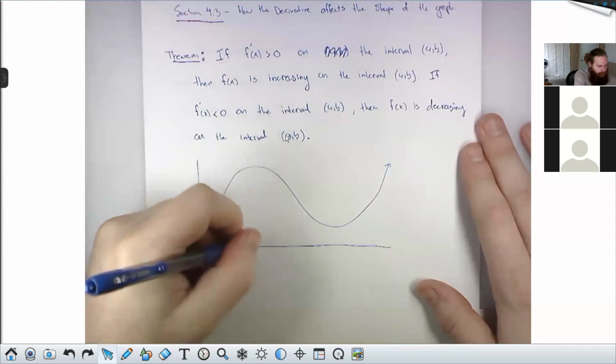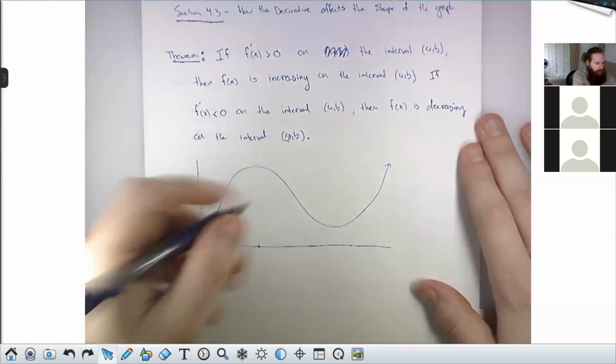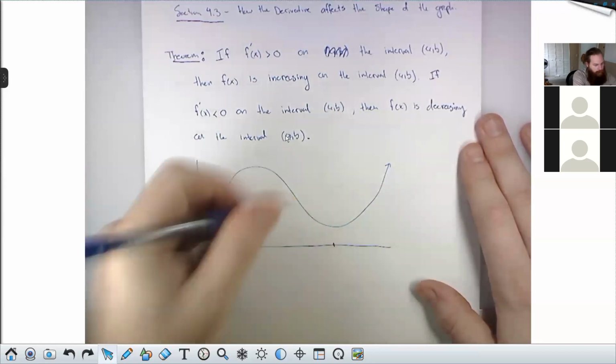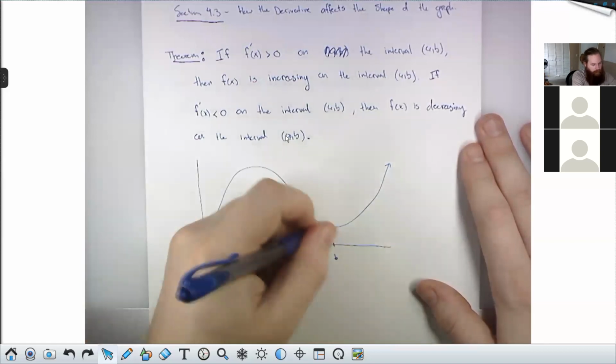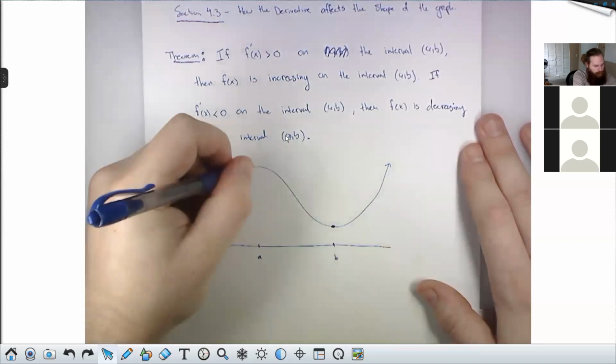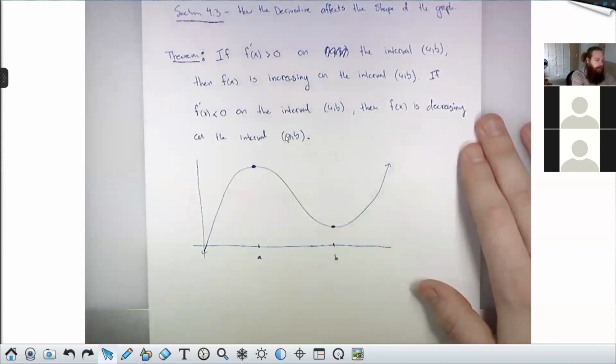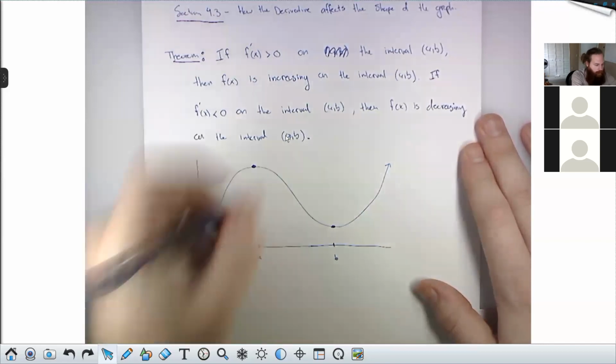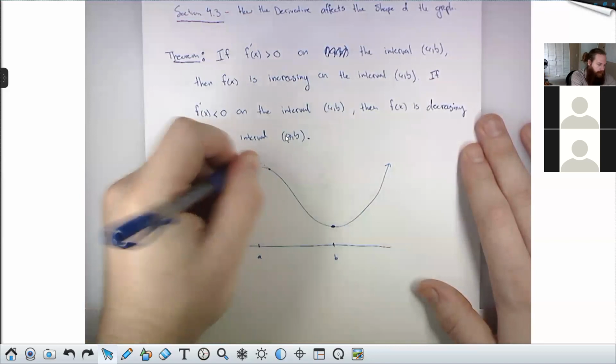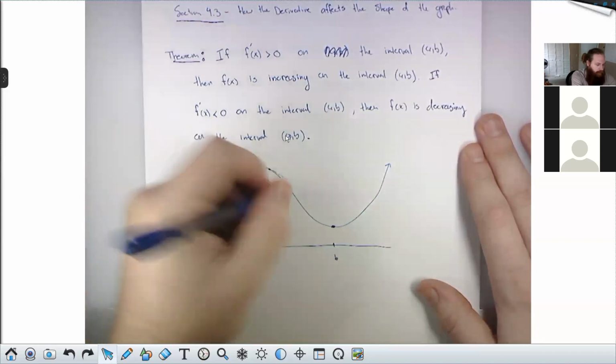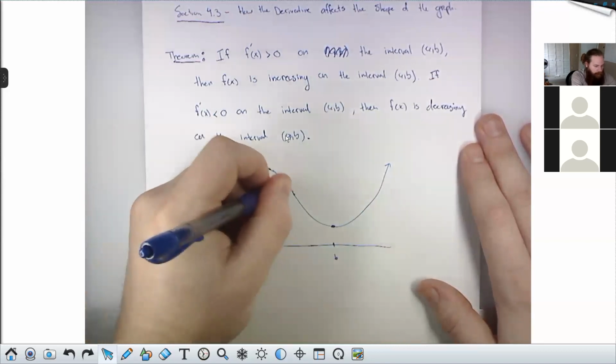So for example, if I look from here to here, everywhere between a and b, no matter where you look, the tangent line has negative slope.